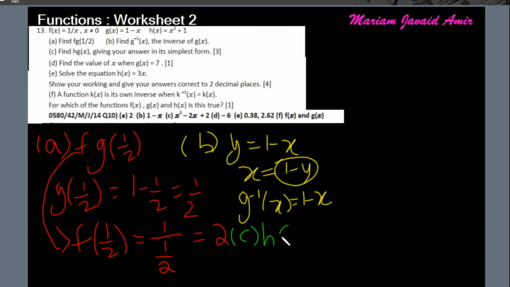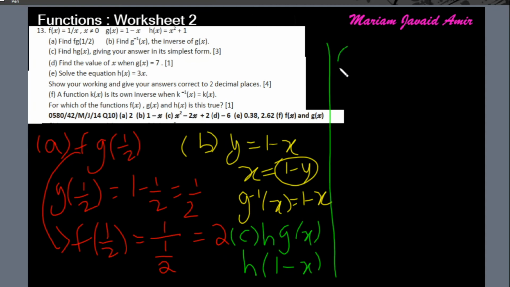So h of g of x means we have to find h of 1 minus x. And now in h(x) replace x with 1 minus x. So 1 minus x whole square plus 1. This becomes a square minus 2ab plus b square plus 1, which gives us x square minus 2x plus 2.